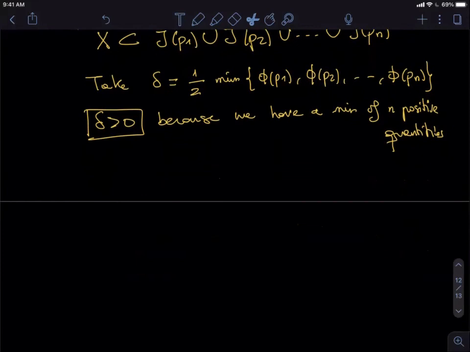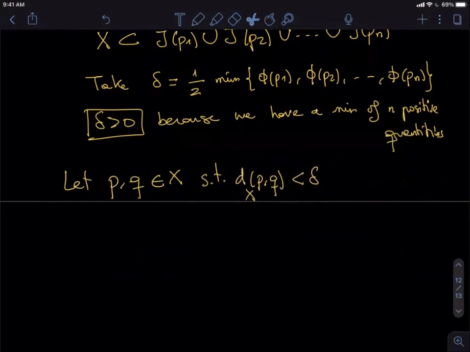So now let P, Q in X, because that's what we need from the definition, and let them be such that the distance between them is less than delta. This is what we have in the definition. Delta, the one we just defined.